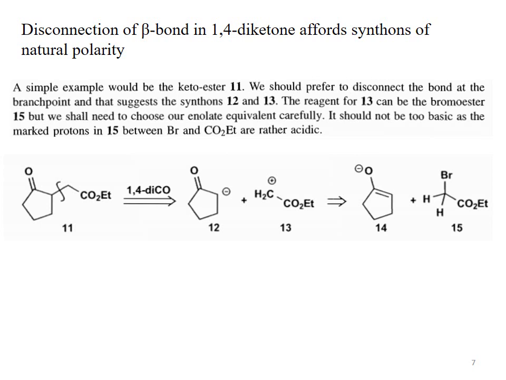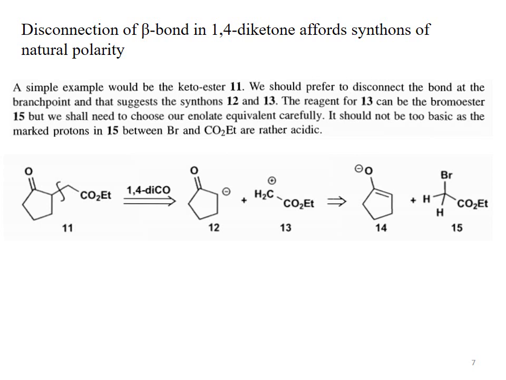And in the previous slide, we saw that when an alpha bond of the 1,4-diketone is disconnected, we obtain two fragments. One fragment possesses natural polarity, and the other fragment possesses unnatural polarity. The source of that fragment does not exist directly; it will be obtained through functional group interconversion.